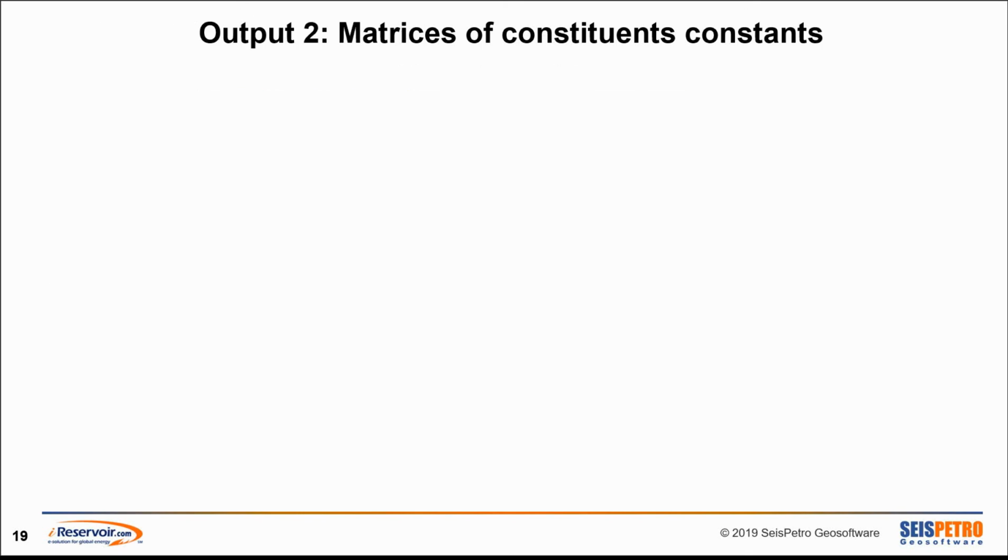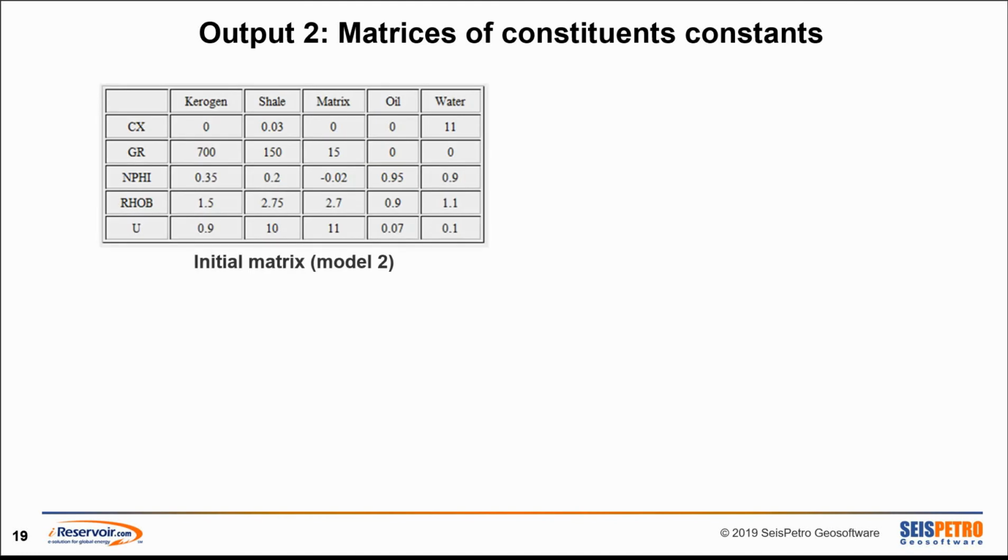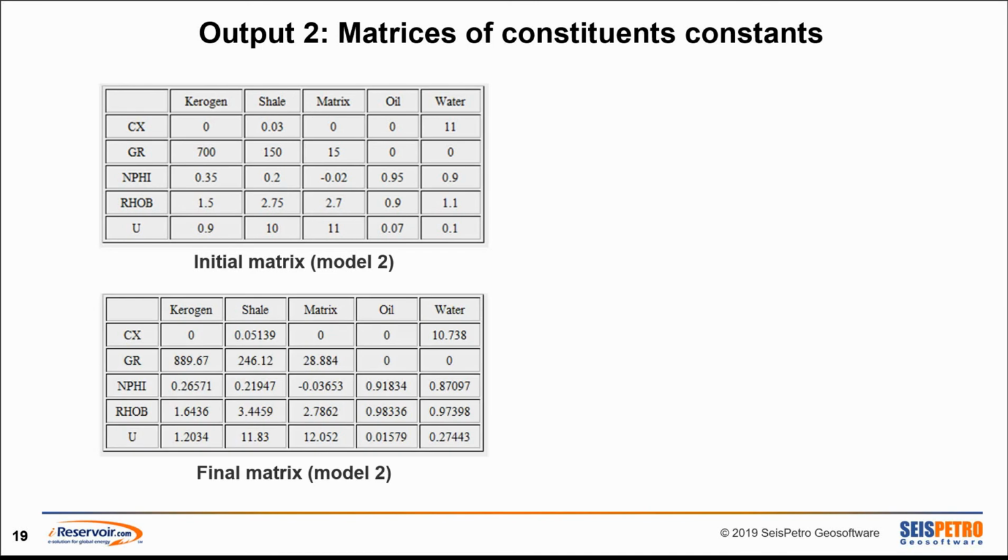Output number two are the matrices of constants. We start with what we call the initial matrices, which are the first guess of the petrophysicist regarding the actual values of the constants. And then this is the final matrix or the result of the optimization.